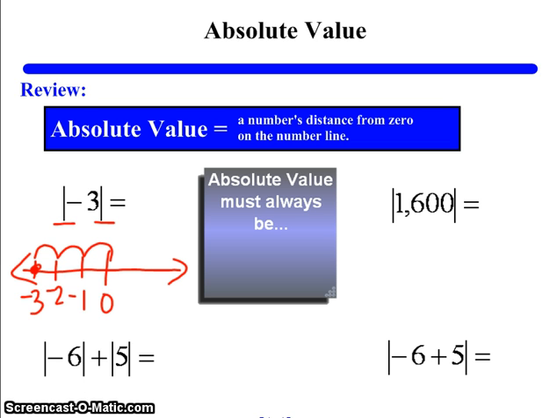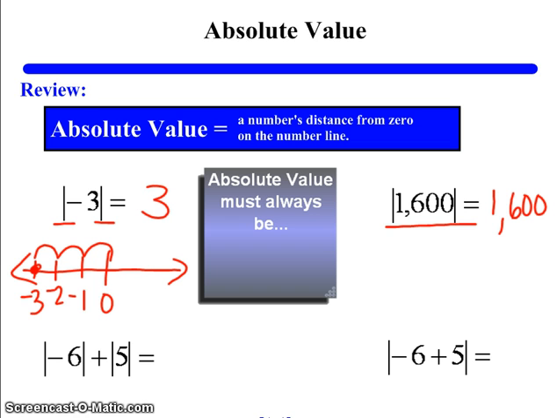Therefore, the distance of -3 from 0 is 3 spaces. If we go over to 1,600, obviously you don't want to write a number line for that, but hopefully you could visualize that in order to get back to 0, you would have to move 1,600 times on that number line.